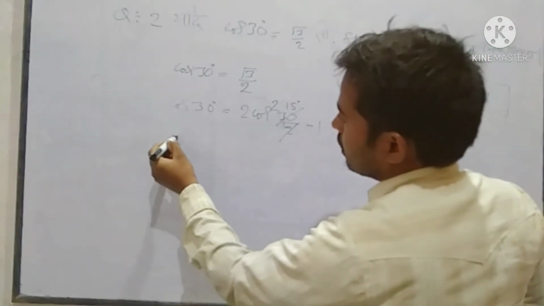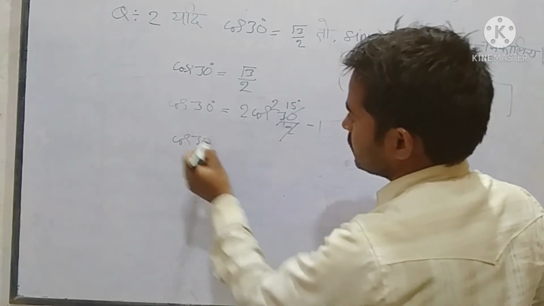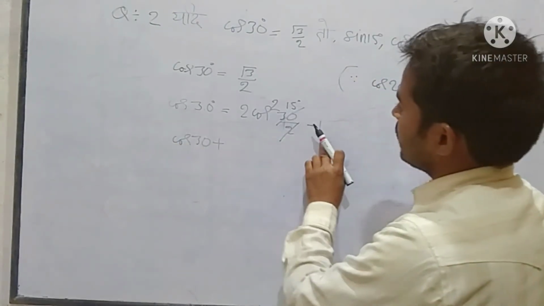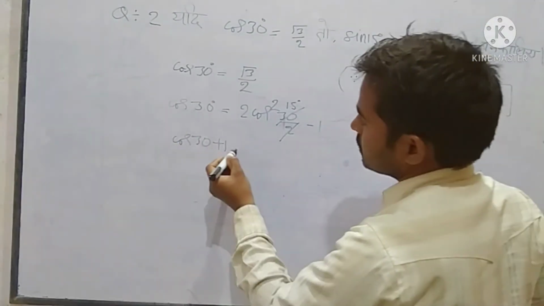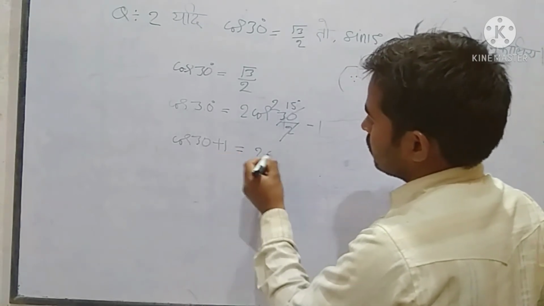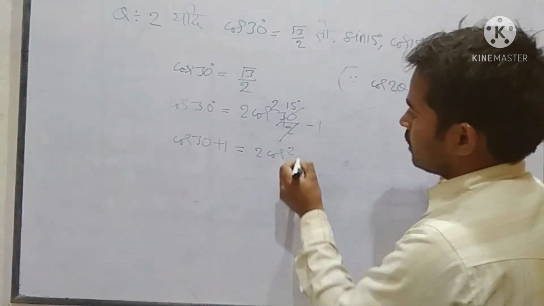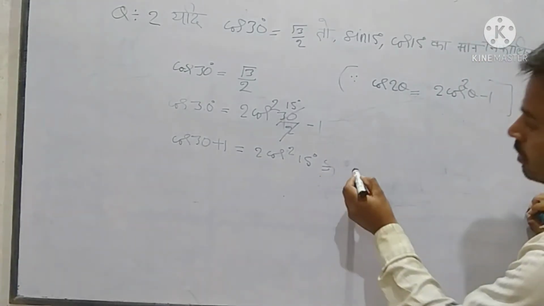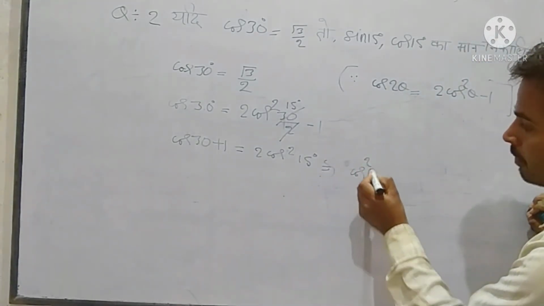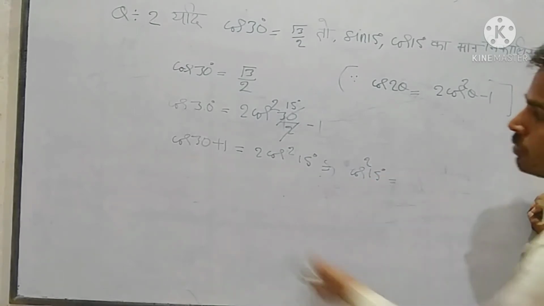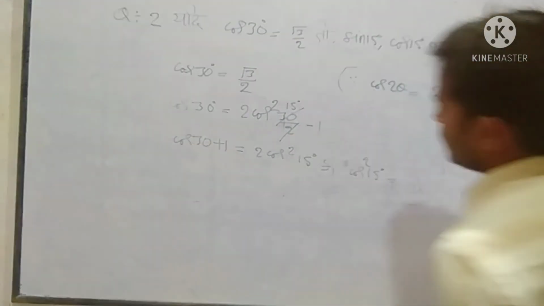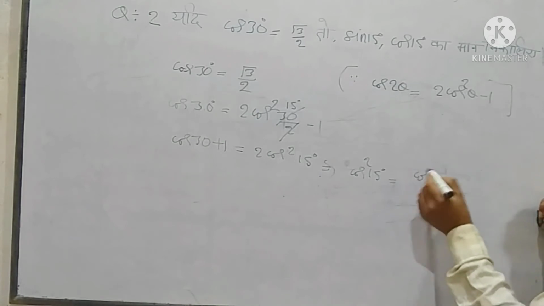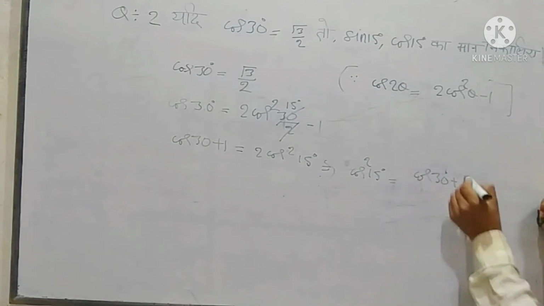So cos 30 degree, this is minus 1, so plus 1, is equal to 2 cos² 15 degree. So cos² 15 degree is equal to (cos 30 degree + 1)/2.